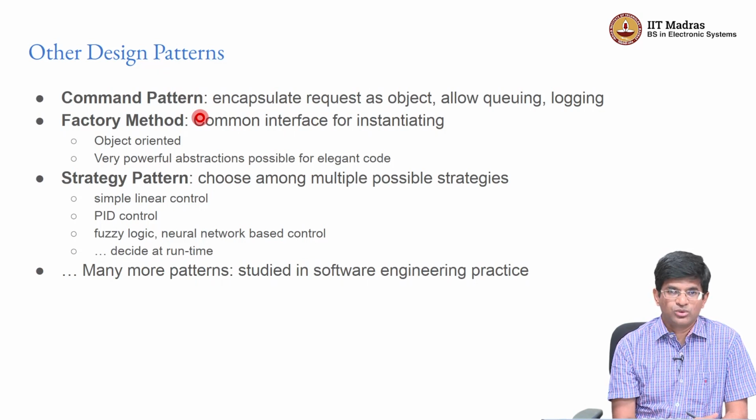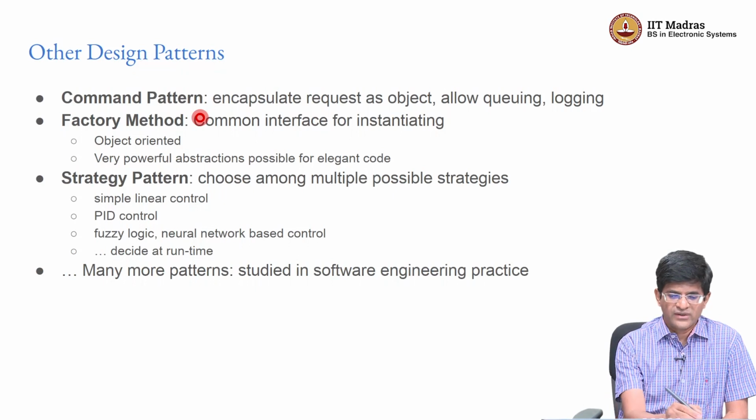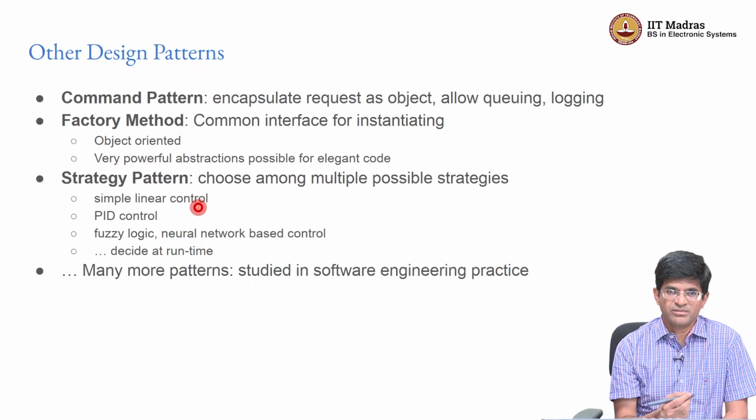Another common thing that you might come across as you build systems would be that you need to choose among multiple possible strategies, right? Let's say that you are trying to build a remote controlled car and you basically need to decide how the motors are turned, right? You could have a simple linear control where essentially there's a number that's sent out to the PWM system and just decides at what speed the motor works.